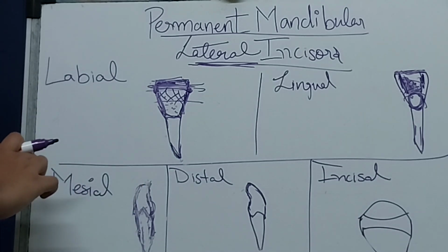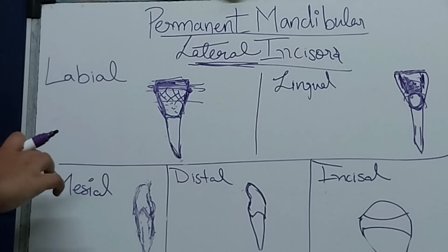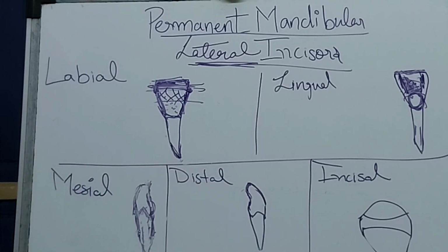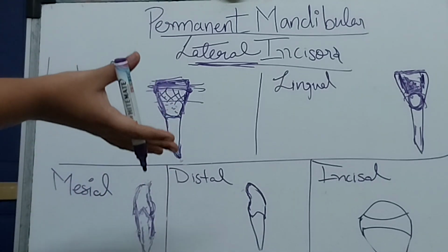So the permanent mandibular lateral incisor makes a proper contact with the mesial contact area of the mandibular canine. What does this mean? This tooth makes a proper contact with the canine.